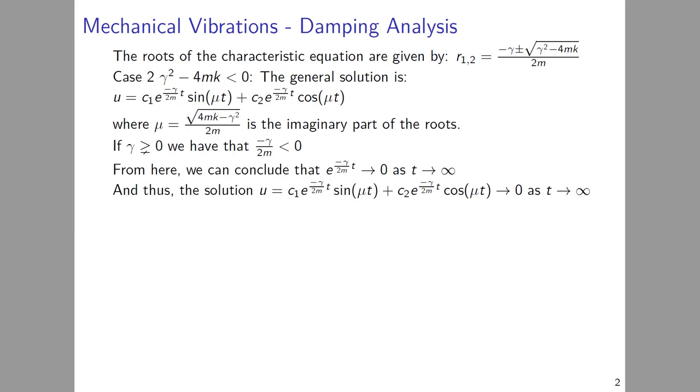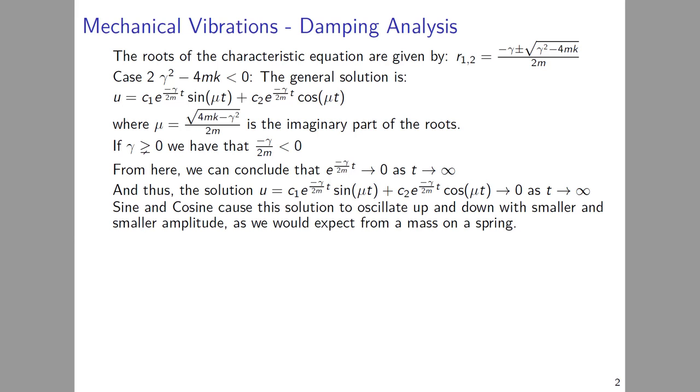As in the first case, the mass eventually comes to rest, because the position u eventually goes to 0, at least very close to it. The difference here is that sine and cosine cause the solution to oscillate up and down with a smaller and smaller amplitude, as we would expect from a mass on a spring. We call this system underdamped.